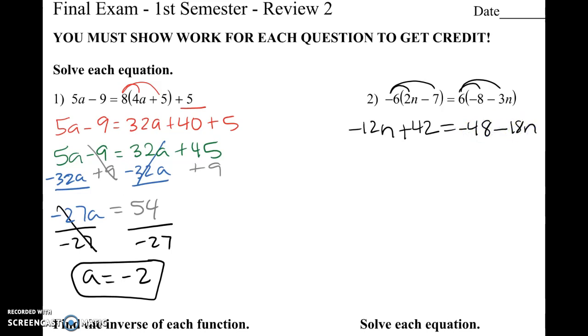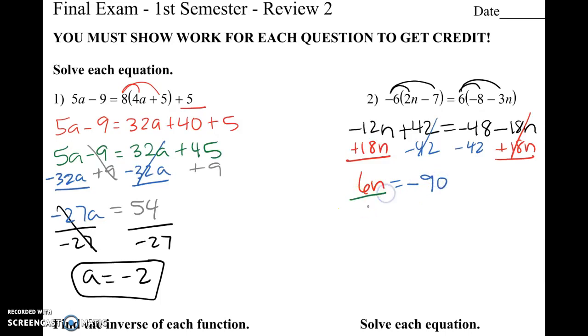And again, just like I did on number 1, I'm going to move my variables to one side, and I get 6n, and I subtract that 42 to the other side, and I'm going to get negative 90.